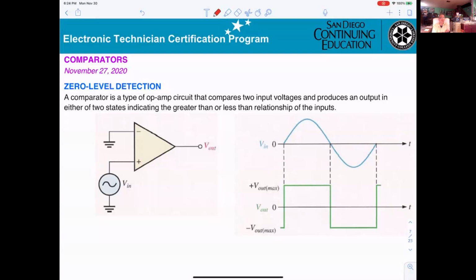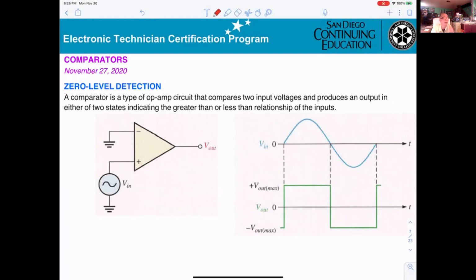On this circuitry, they call it zero level detection. What that mean? That means they compare with the root. Positive, you get a sine wave. However, negative, you get 0 volt. They connect to root. Okay, so that's why they call it zero level.